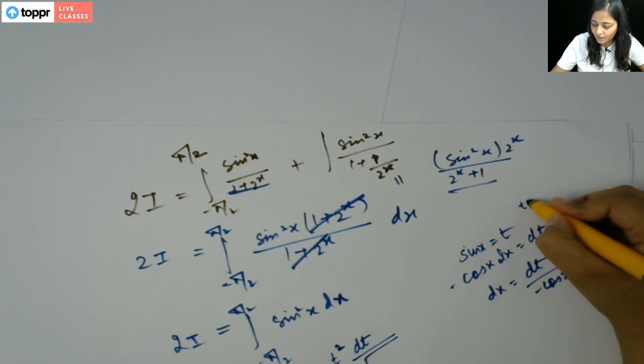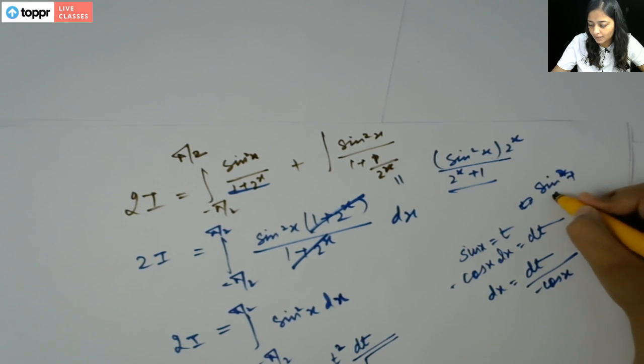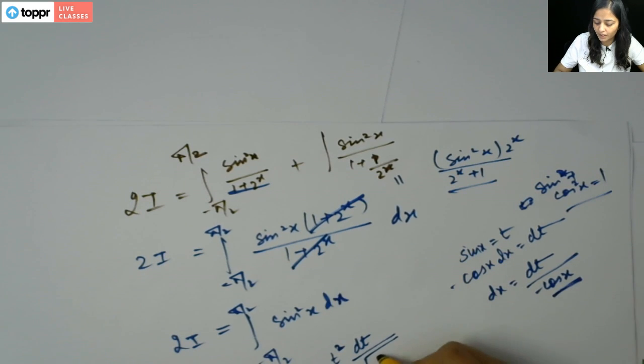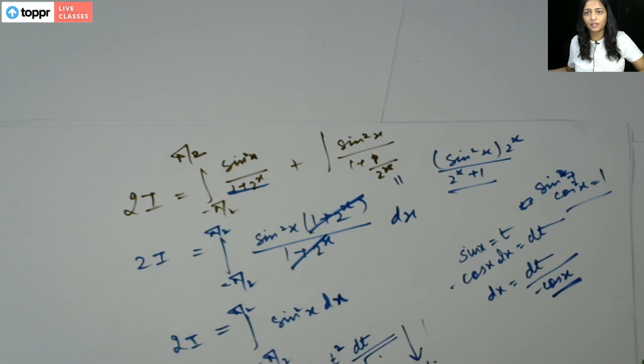And since sin²x plus cos²x is equal to 1, by using this identity you can write cos x in terms of t, and this integration would be simplified. So you can simplify it. I'll move on to the next important question.